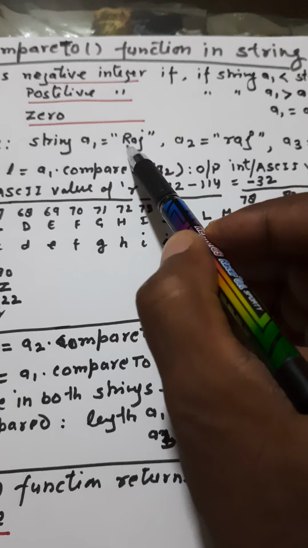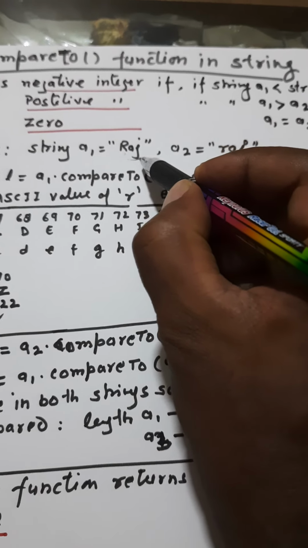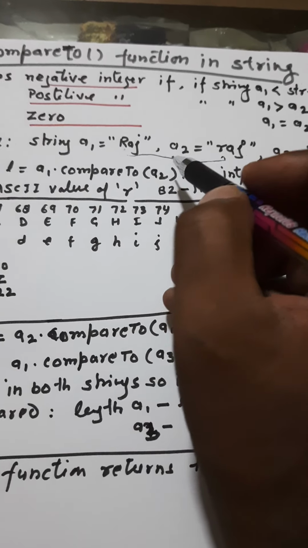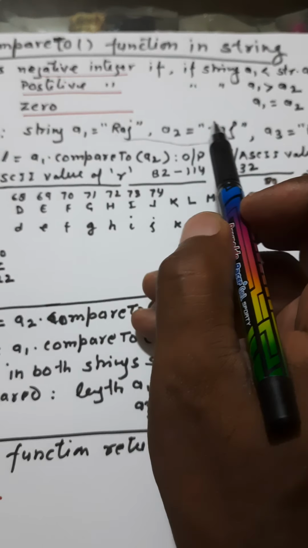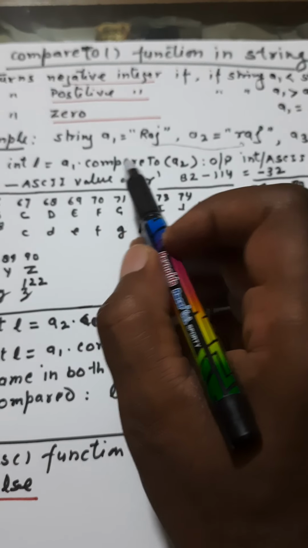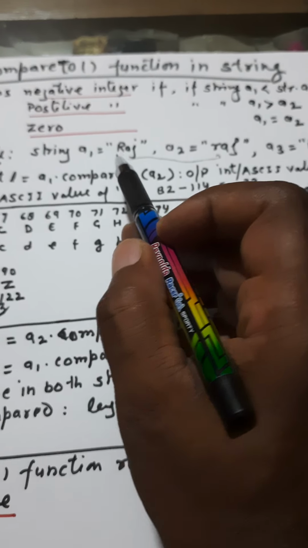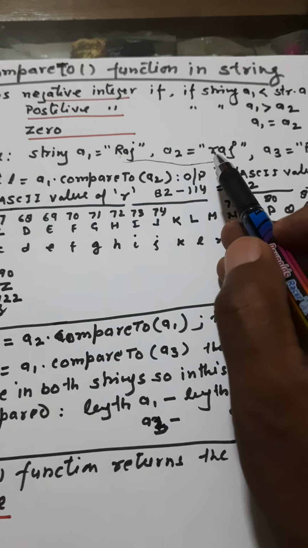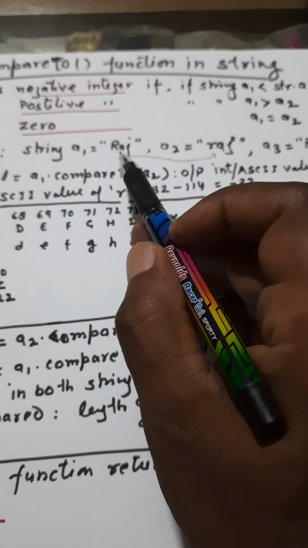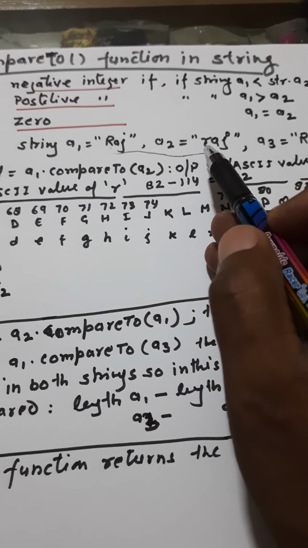This R will be compared with this r. What is the meaning of this? The first letter of the a1 string will be compared with the first letter of the a2 string. In a1 the first letter is capital R and in a2 the first letter is small r.